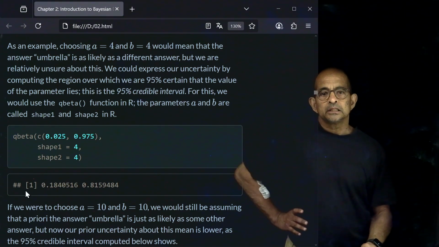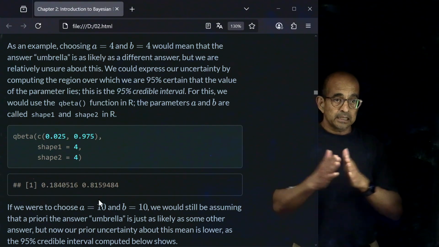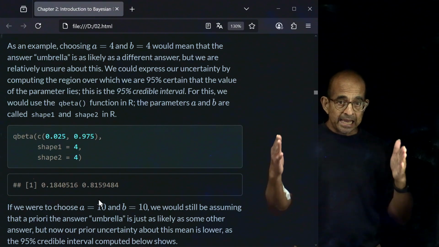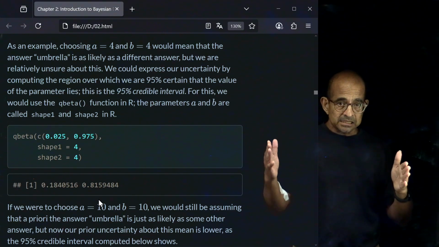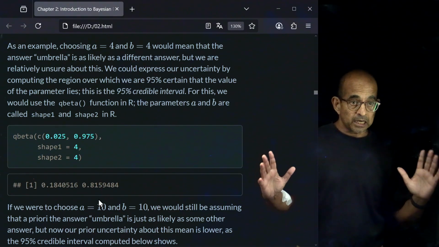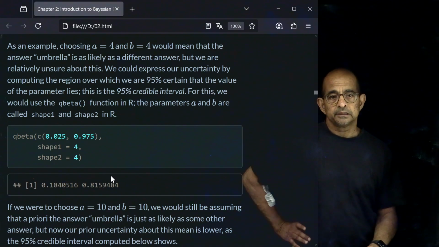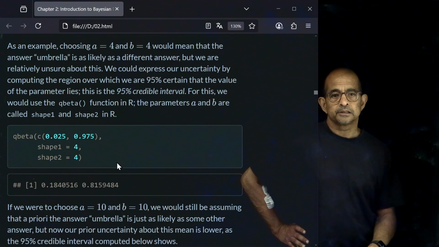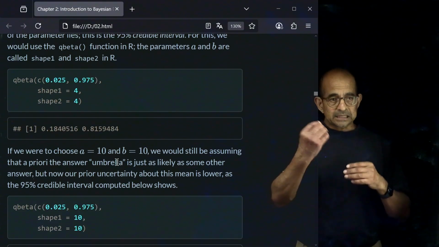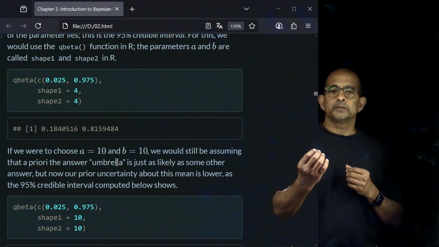The quantiles then are these two numbers here. What these two numbers represent is a belief that theta lies between these two numbers with 95% probability. That's my prior belief that I'm expressing by setting A and B to 4 in this prior distribution. Okay, so that's how we reason about plausible priors for a particular problem that we are working on.